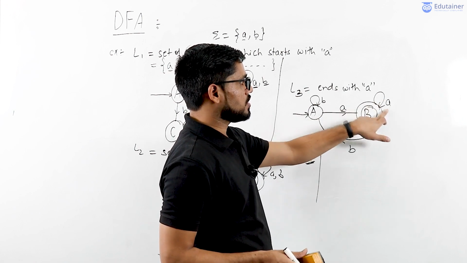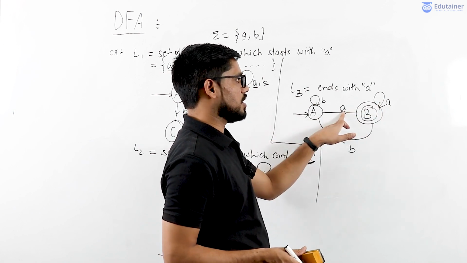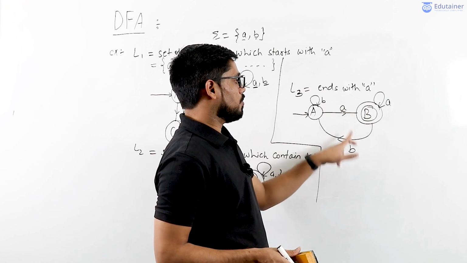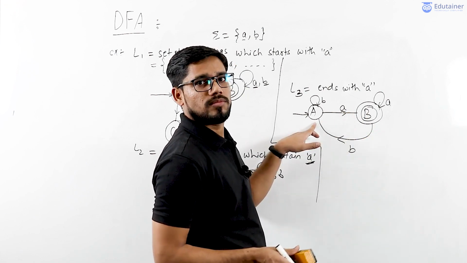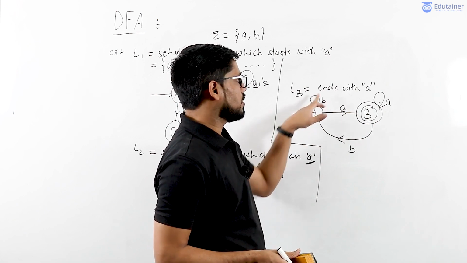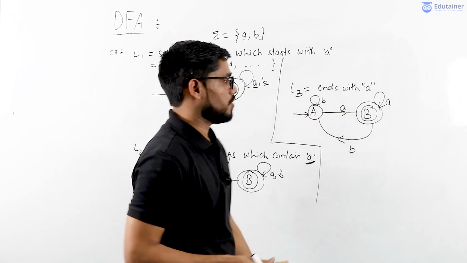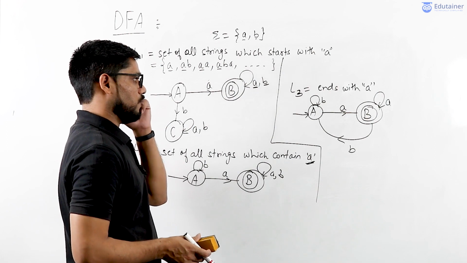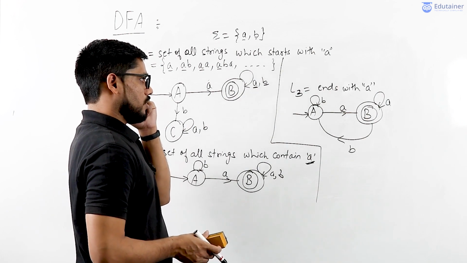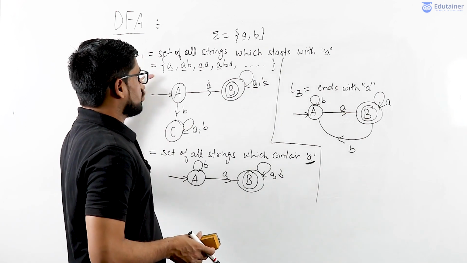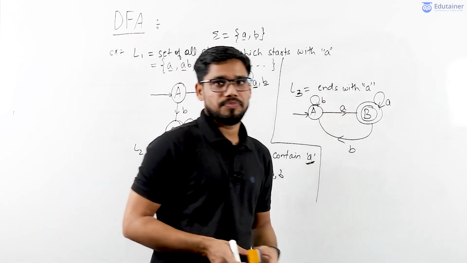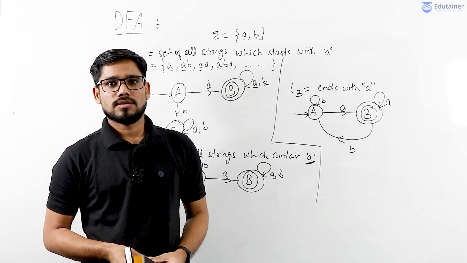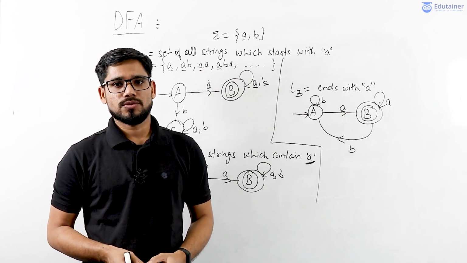Any number of a's is possible, a single a is also possible, but for a string which ends with b, we come back to the initial state and then take another move. So these are the languages which start with a, contain a, and end with a. In the next video we will see some other examples related to DFA.